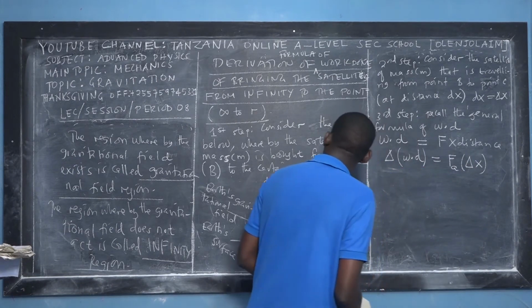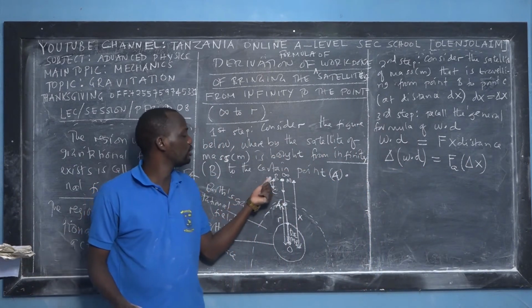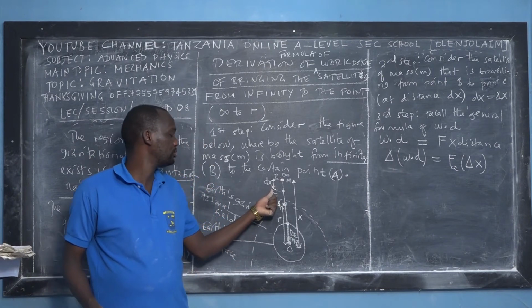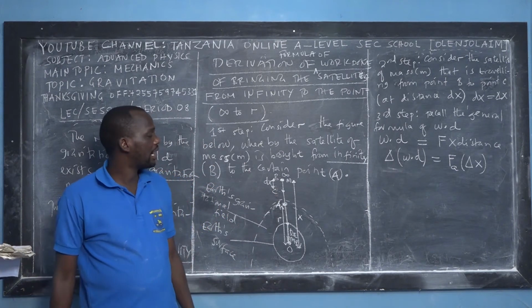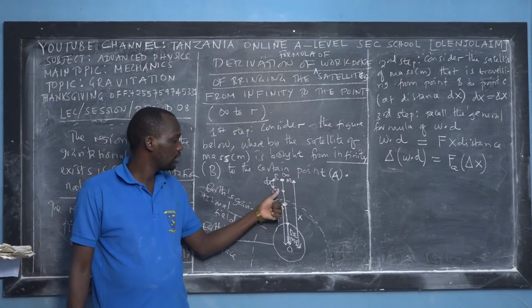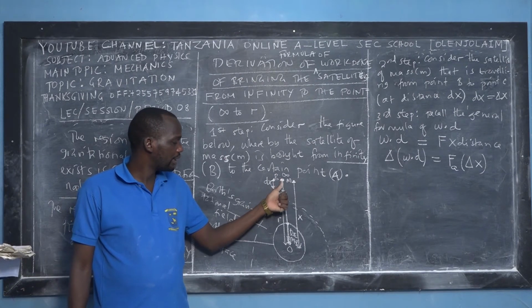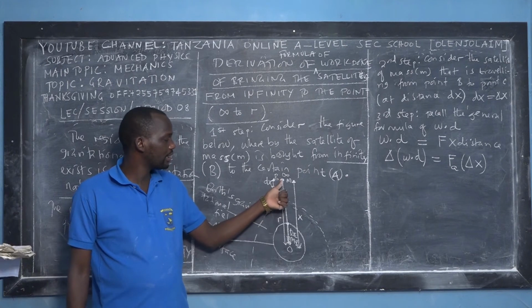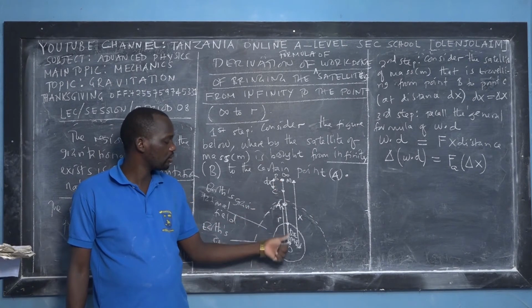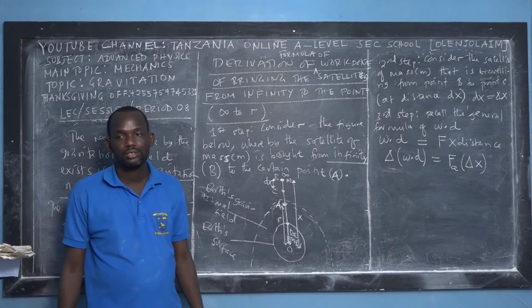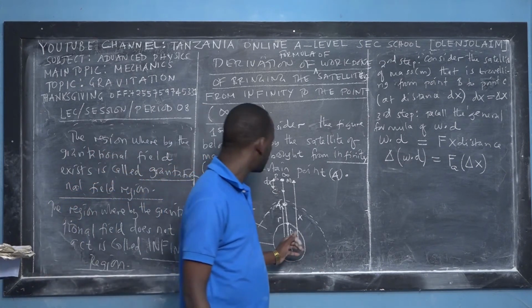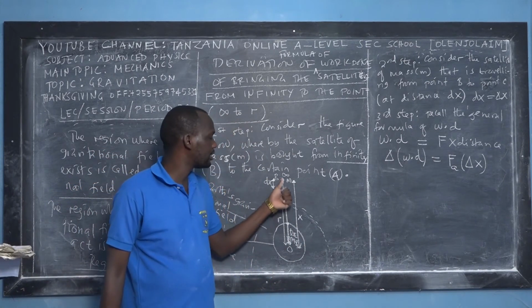To get a small amount of work done required to move a satellite from point B to point C, I have to take the force of attraction between the satellite and the S when the satellite is at point B, and then multiply with the small distance that has been traveled.